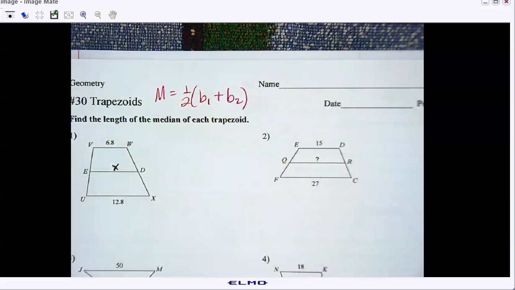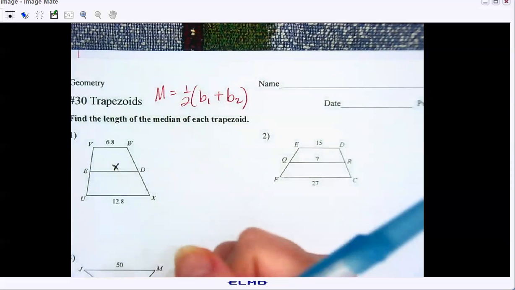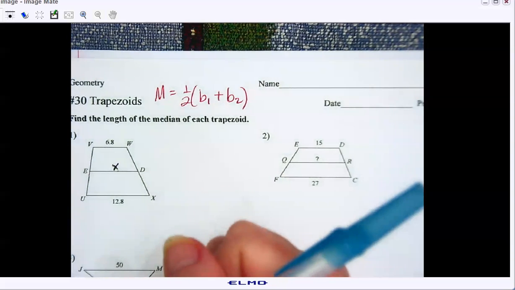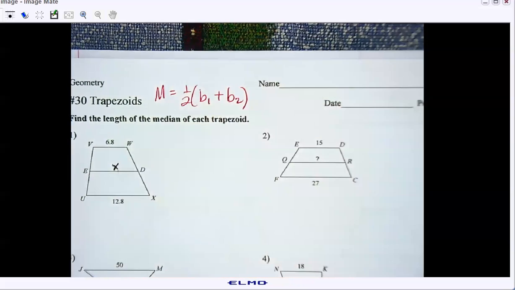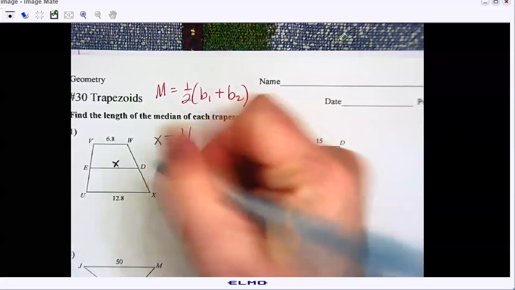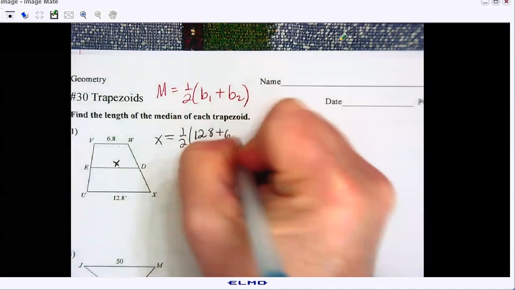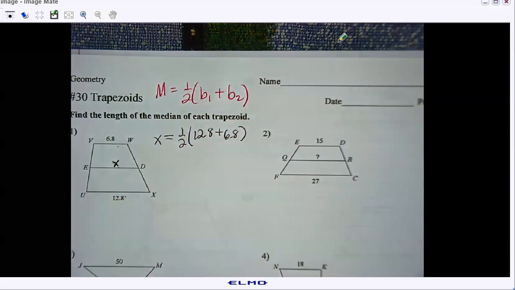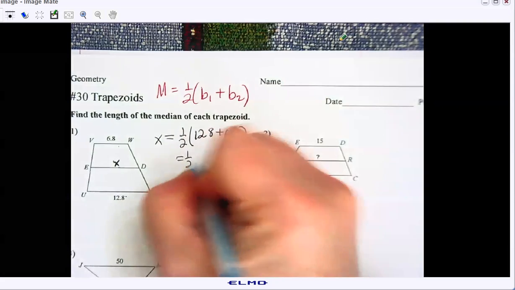So where does the median go? On the left or the right? Left. On the left. Good. So the median goes on the left, and that equals 1/2 your base 1 and your base 2, so 12.8 plus 6.8, and now it becomes a calculator problem. Let's do the 1/2.